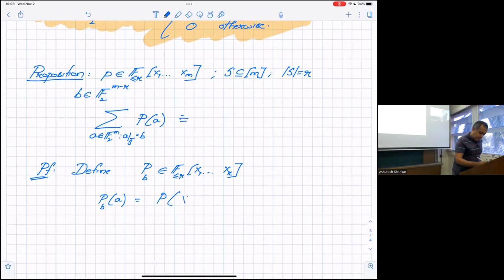I'm not formally defining this, but on the S location I put A, and on the S complement location I put B. I define the polynomial as this.